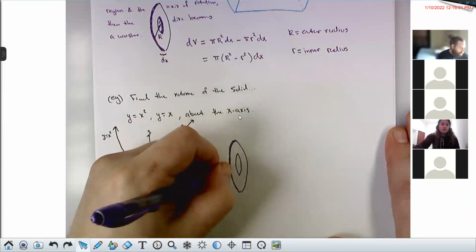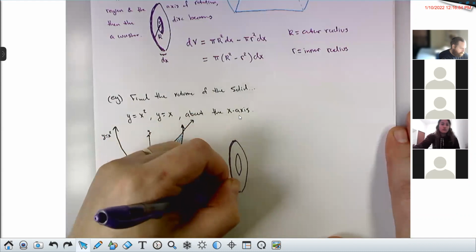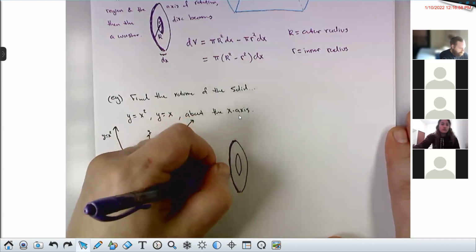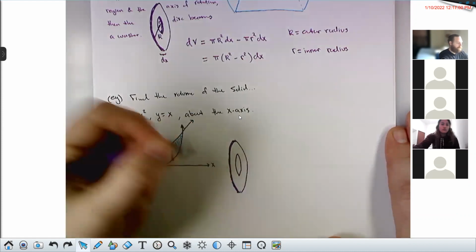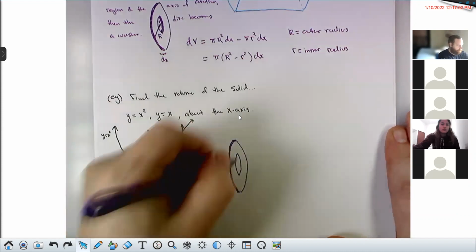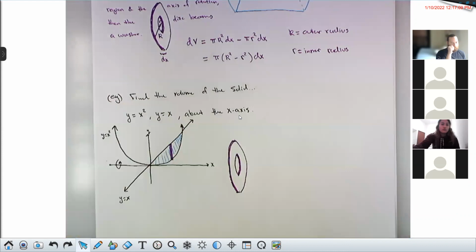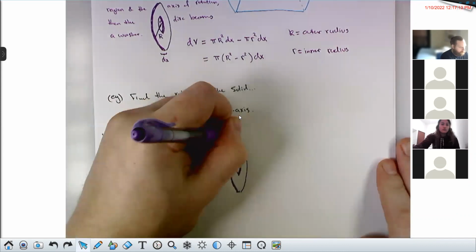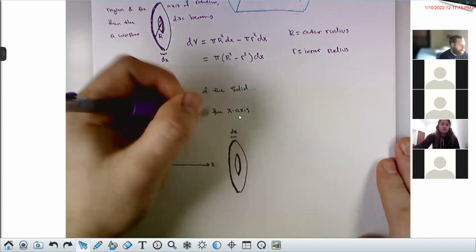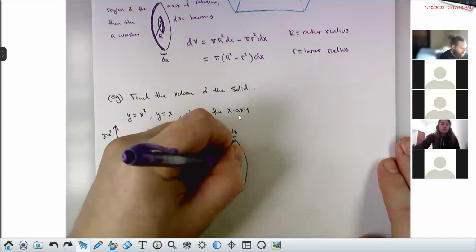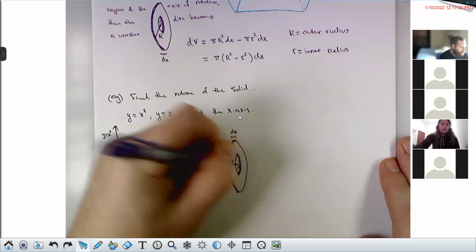It's very, very thin, but it's non-zero. All right, here's the little washer I get just from rotating that strip. Thickness is dx, and it has a little inner radius, little r, and a bigger outer radius, big R.